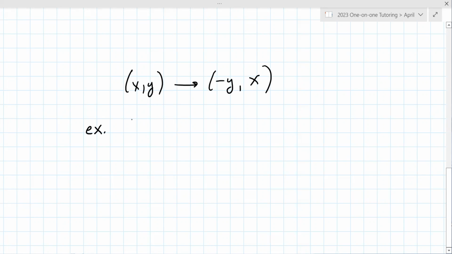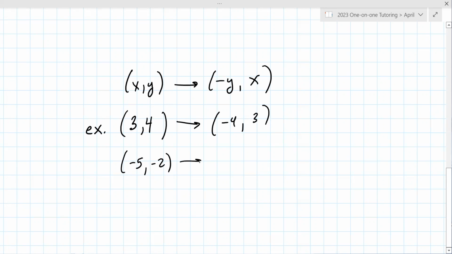Let's say I give you the ordered pair 3, 4. Okay, and this means that x is 3 and y is 4. I think that's going to be negative 4, 3. It is. Yeah, I heard that in class today. Okay, go ahead and try this one, please. Negative 2, 5. Very good.